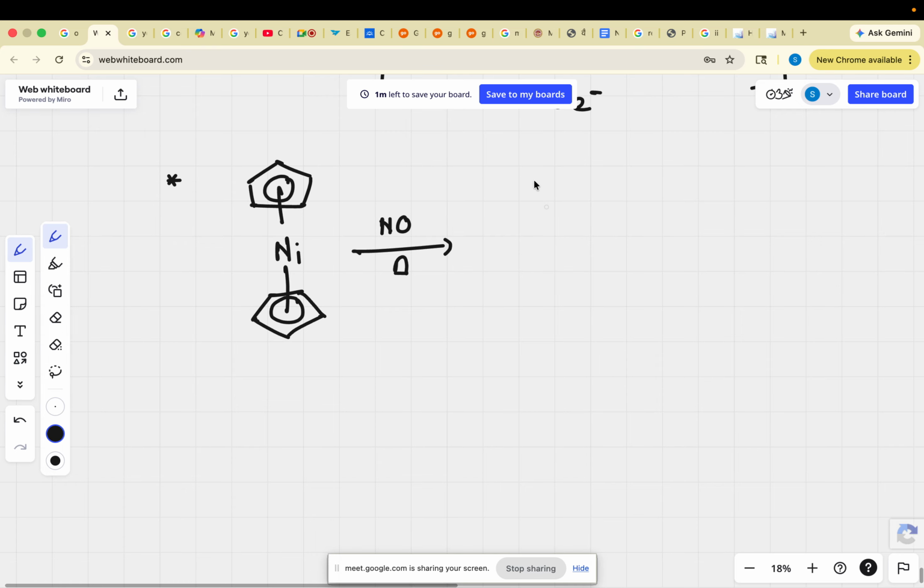So it is 20 electrons and you are using NO. If NO is substituting the other cyclopentadienyl, you will get 18 electron. So that is the thing. If you treat this compound with nitrosyl and heating, you will get an 18 electron compound.